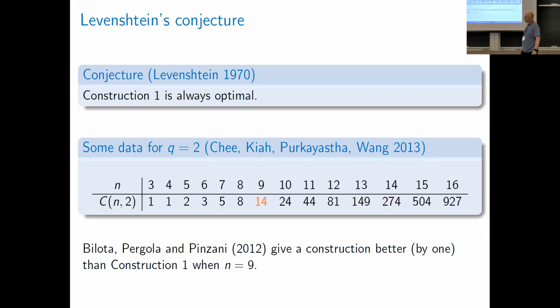There's a paper of Bilotta, Pergola, and Pinzani, 2012, which gives an infinite family of constructions, but you'd expect the family to be poor asymptotically. I don't think it beats construction 1 for other parameters, but for n equals 9, it is best. Okay.